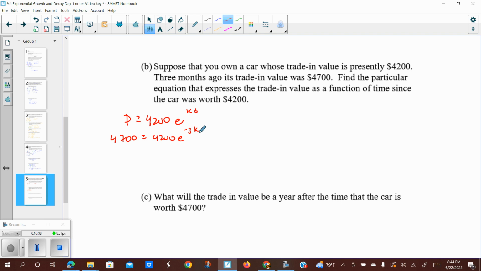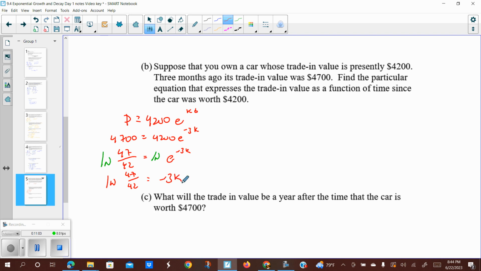Okay, similar process, solve for k. We'll divide by 4200 on both sides, which should simplify to 47 over 42 equals e to the negative 3k. We can take the natural log on both sides to get the k out of the exponential. So we have the natural log of 47 over 42 equals negative 3k.